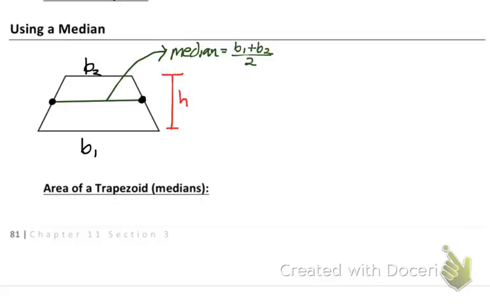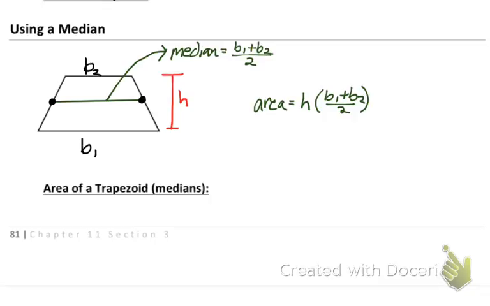So since B1 plus B2 is already an average, our area would just equal our height times that average, times B1 plus B2 over 2.